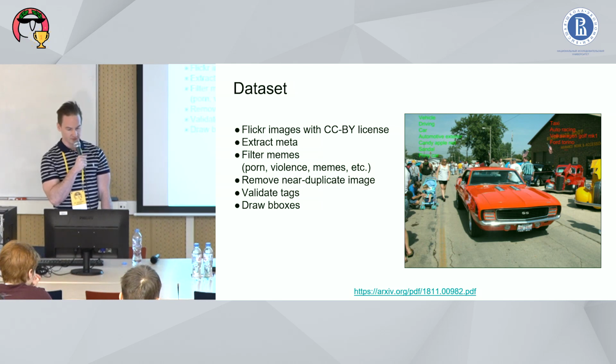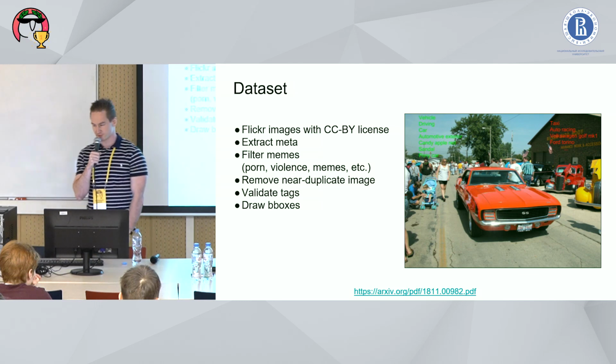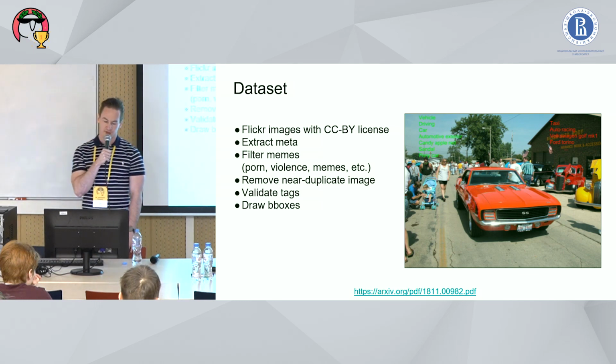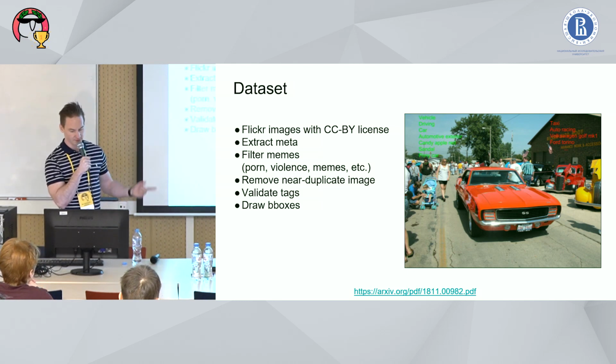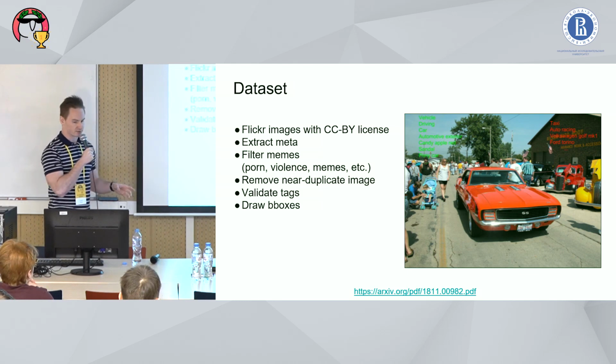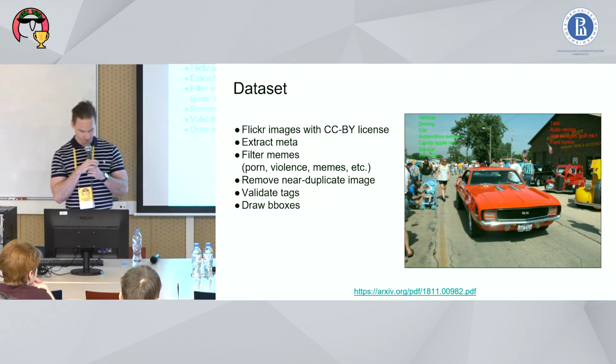Then they extracted metadata, filtered some memes, some porn, violence, and so on. They removed duplicates, validated the text, and made exhaustive manual annotation of labels and bounding boxes. For more details, please read the paper about this dataset. It has a very detailed description of this procedure.